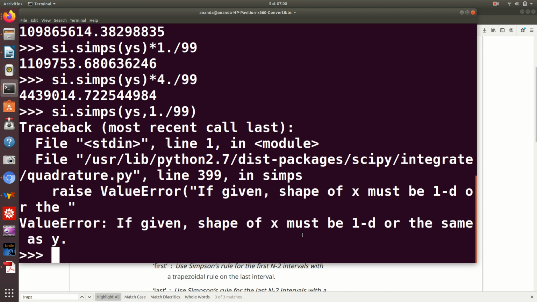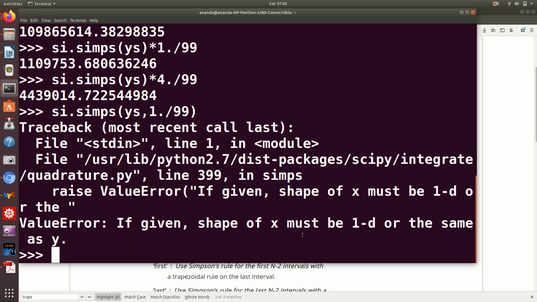So the problem is the order in which the arguments are to be given is y first, and definitely always, then x, then dx. So if I give it two arguments without mentioning anything else, Simps automatically assumes that the second argument I am giving is the x array. It's complaining that I have not given an array at all. I should have given a 1D array.